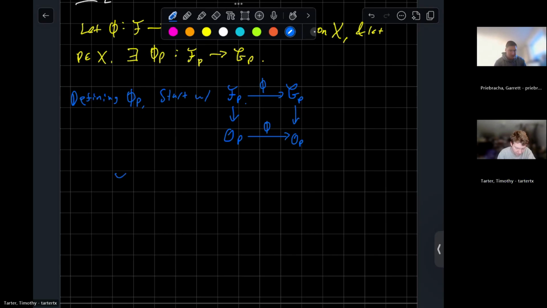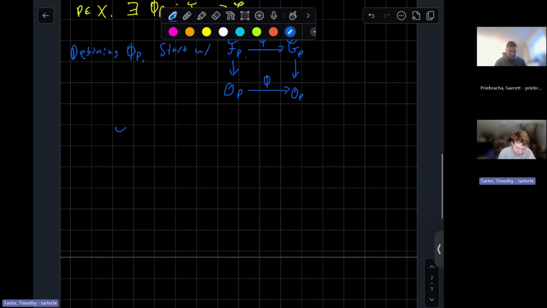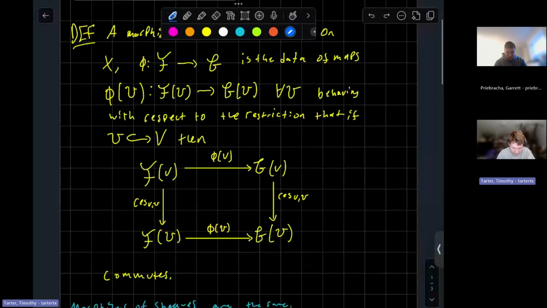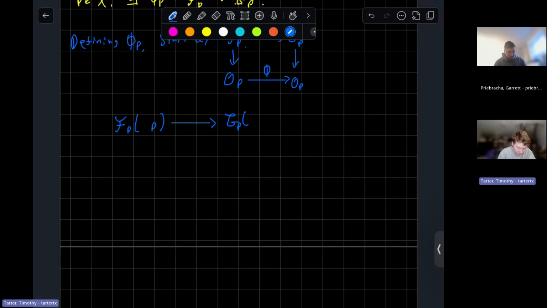We're going from the localization at p of U to the localization at p of V. Yeah, it's V to V. And then we also have the restriction map.